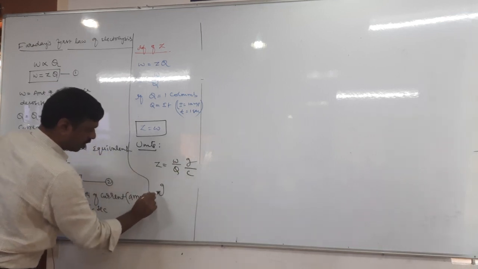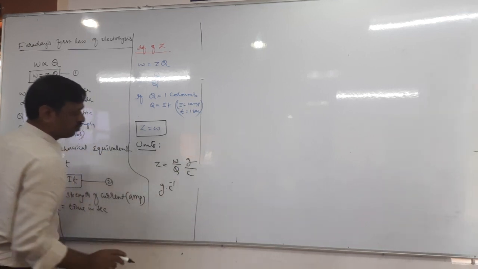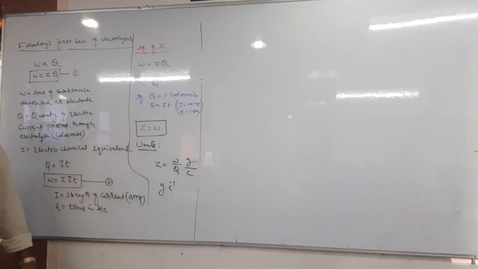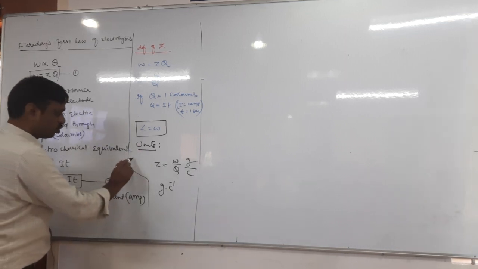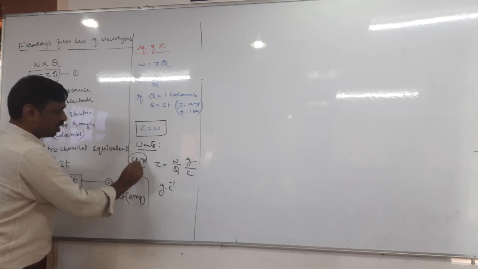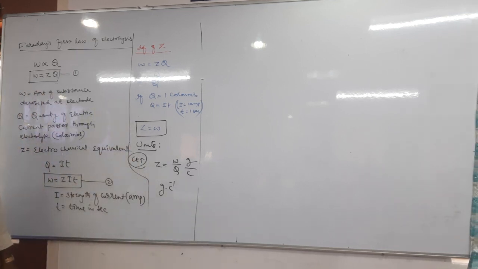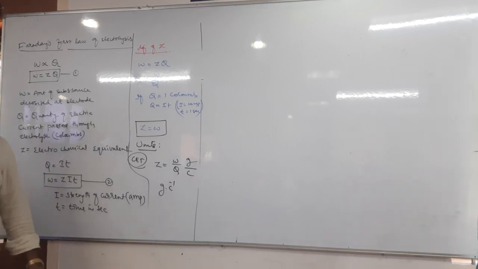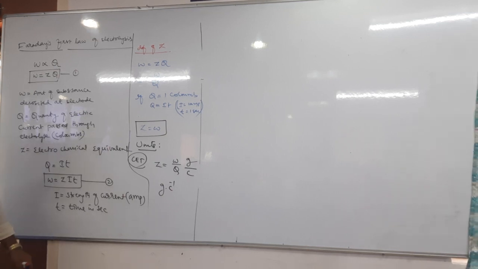Therefore it is gram per coulomb. This was the CET question: which of the following is a unit of electrochemical equivalent, gram per coulomb or kilogram per coulomb?